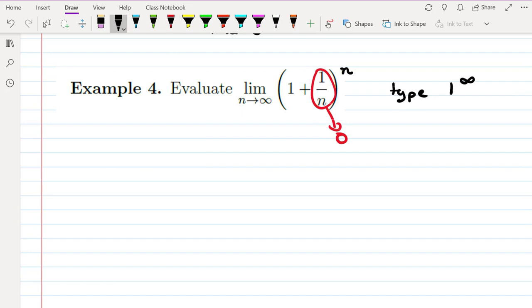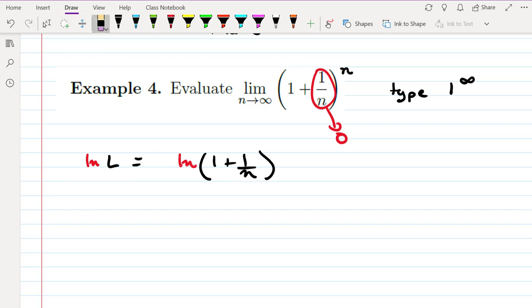So then, if we take the natural logarithm of both sides, we get the natural logarithm of L is equal to n times the natural logarithm of 1 plus 1 over n, and the n just came down in front.